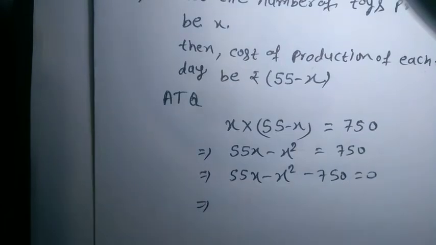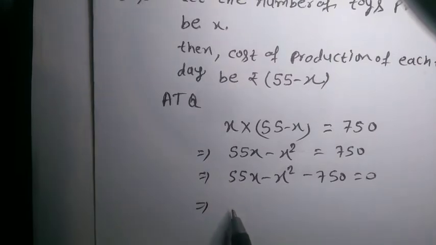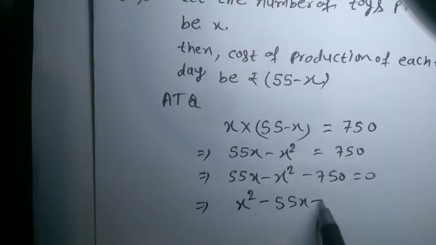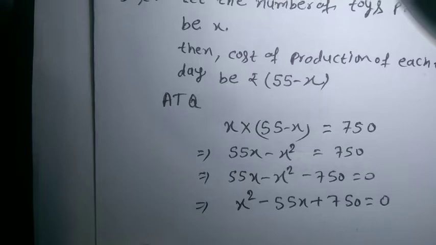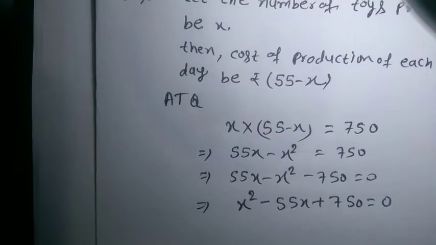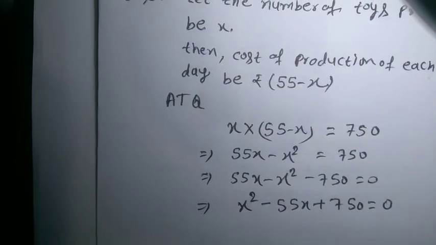Now we multiply both sides, LHS and RHS, by minus 1. Then we get x square minus 55x plus 750 is equal to 0. Now we split 750 into a factor of two numbers whose sum is 55.